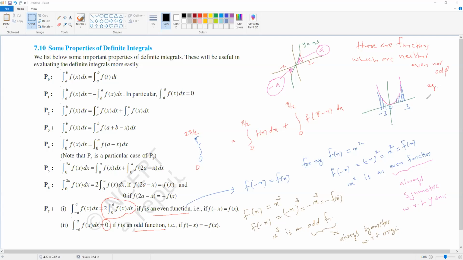Example, x square plus x, तो आप इसका f of -x करेंगे तो आपको मिलेगा it is x square minus x. So it is not equal to f of x, it is not equal to minus of f of x भी नहीं है। f of x है तो x square plus x मिलना था, नहीं, minus of f of x है तो minus x square minus x मिलना था, वो भी नहीं है। So there are functions which are neither even nor odd also, but that is not our discussion point now.